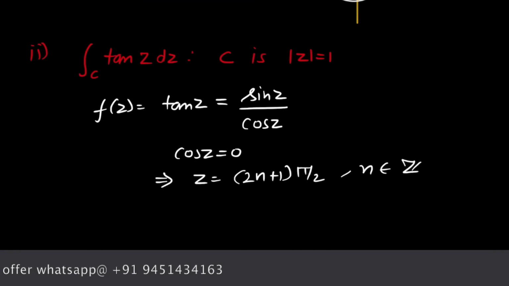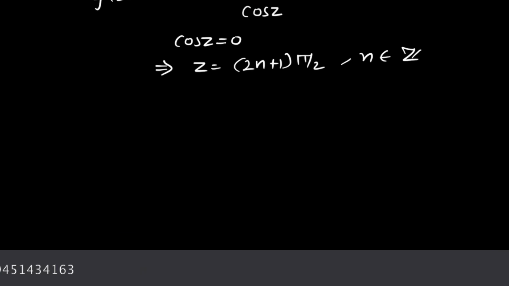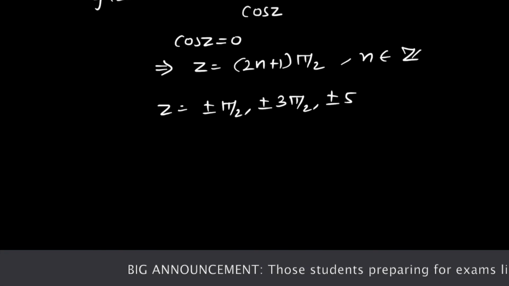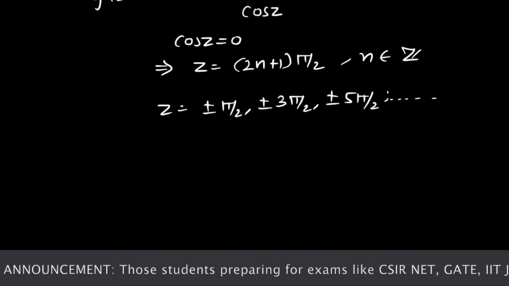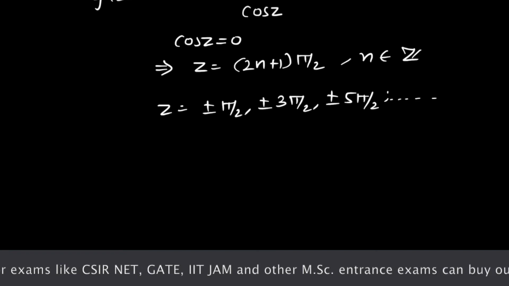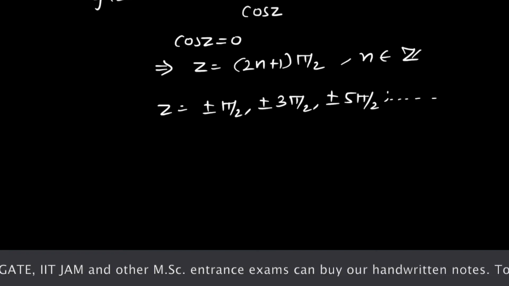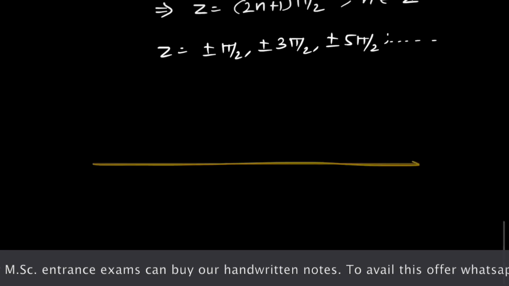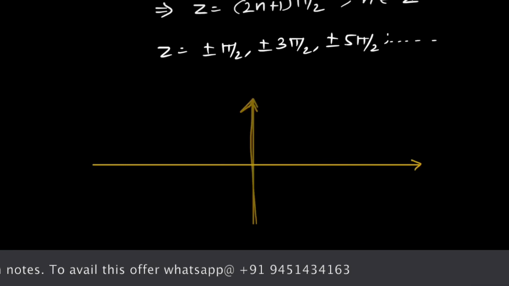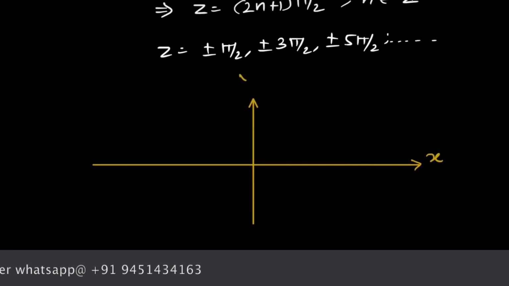So this function is not analytic at z = ±π/2, ±3π/2, ±5π/2, and so on. Let's plot these points on the Argand plane. So this is the x axis, this is the y axis, and these points are here.